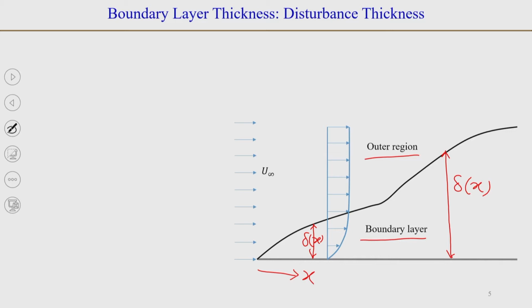We can use some approximations and simplify the Navier-Stokes equations. So, we will need the thickness as well as the conditions at the region between inner and outer regions. So, we need to identify the thickness of boundary layers.